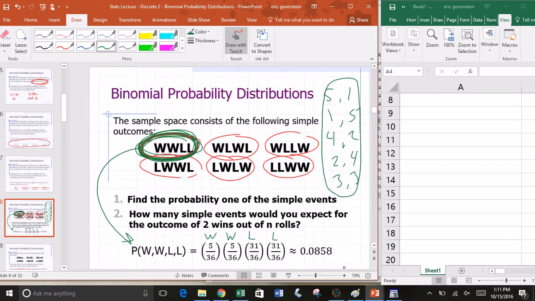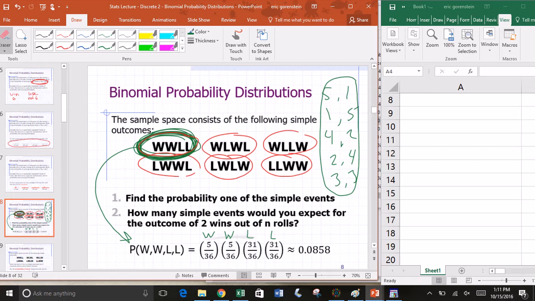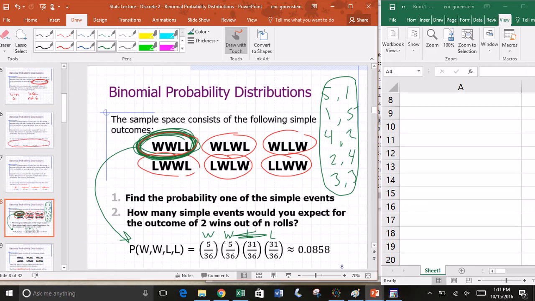And the second one also has the same probability, because in each one of these cases you have 2 wins and 2 losses. So let's look at, I'll use blue here.